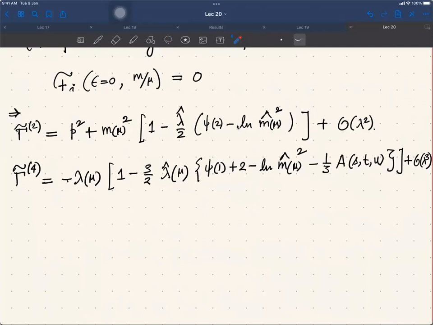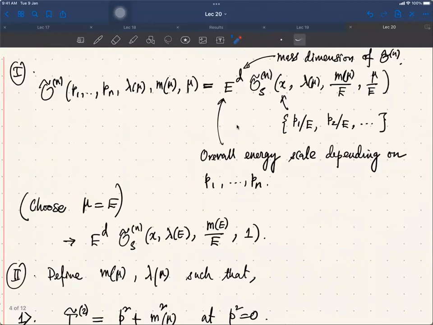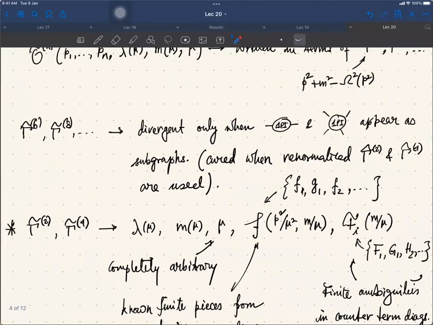If you remember from our previous discussion, the counter terms have two parts. One is a finite piece, which is finite in the epsilon going to 0 limit, and the residues of the epsilon poles, and these epsilon poles have residues which are in general dependent on masses.